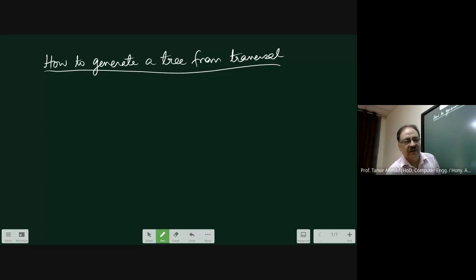That means one of the traversals which are given is an in-order traversal and one can be any other. Then the question is given like this: I am having an in-order traversal and I am having another traversal, for example a pre-order.